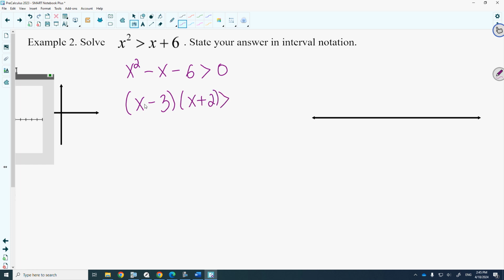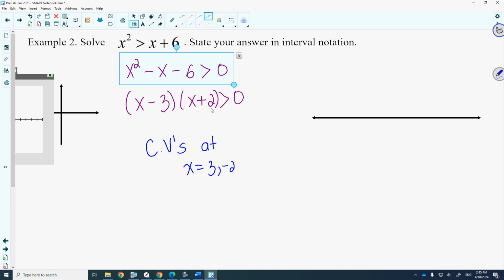greater than 0. Then you get your critical values. Critical values would basically be the x-intercepts of this function. So critical values are when x is 3 and when x is negative 2. Those critical values will go on a number line.